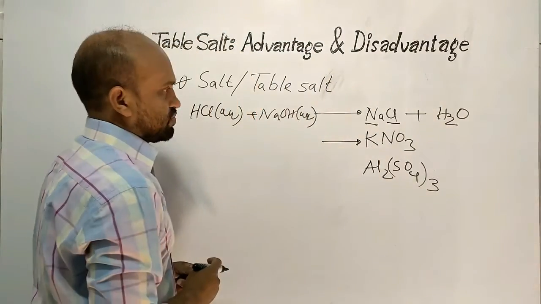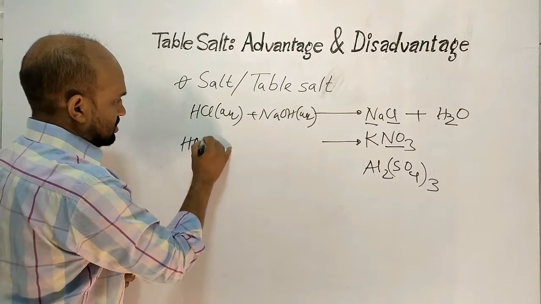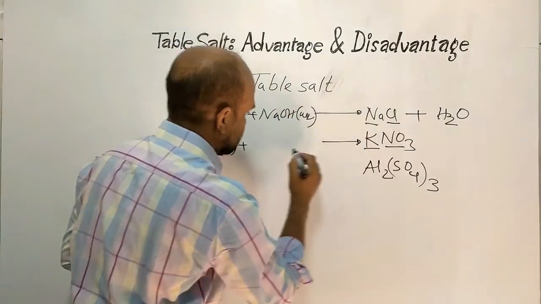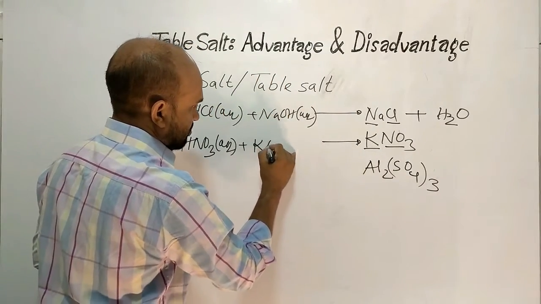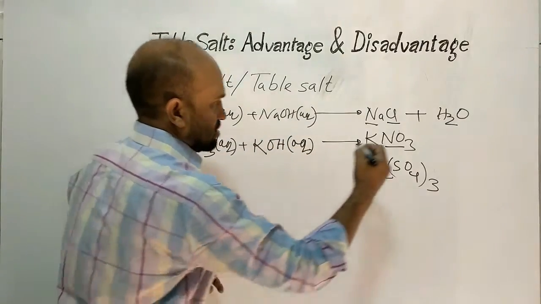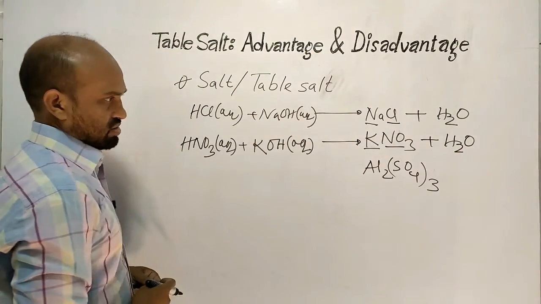Potassium nitrate is prepared from acid, nitric acid, and base, here potassium hydroxide. Here water is formed as byproduct.